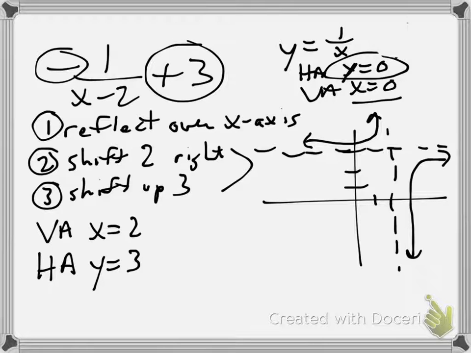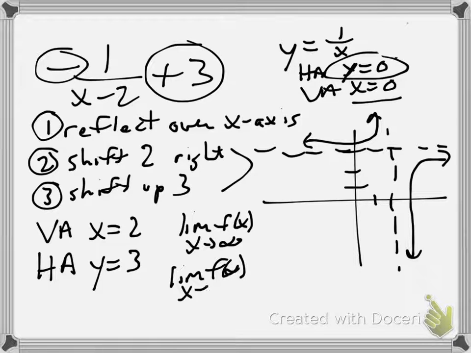So when I do my limits, the limit of f of x as x approaches infinity, limit of f of x as x approaches negative infinity. So those first. As x approaches infinity, what's my graph approaching? 3. What's the limit as x approaches negative infinity? My graph is getting towards 3.